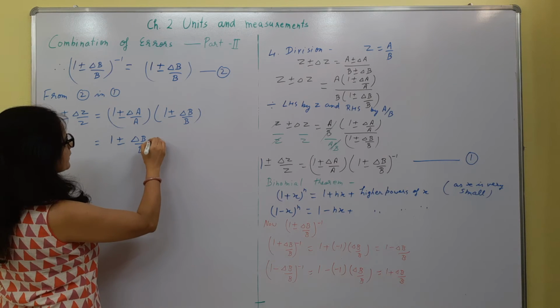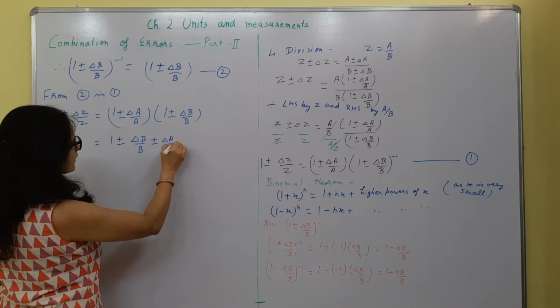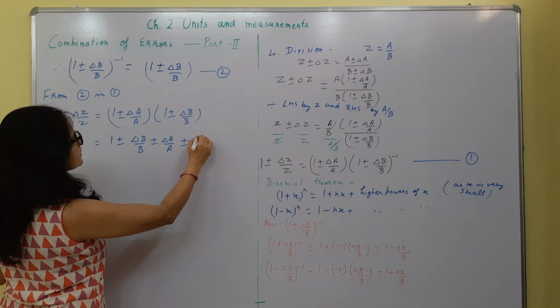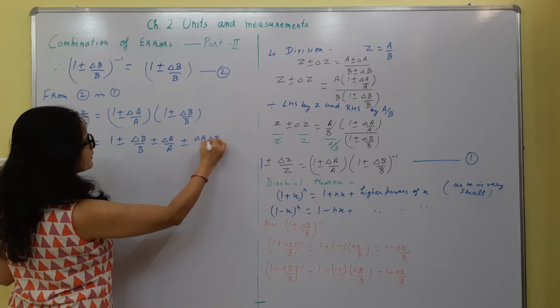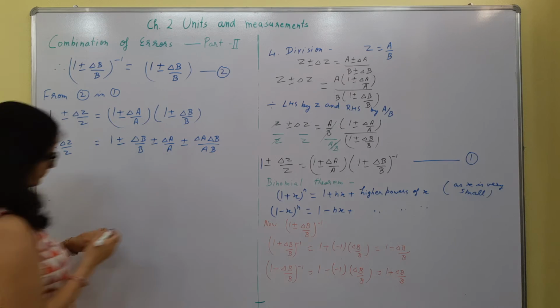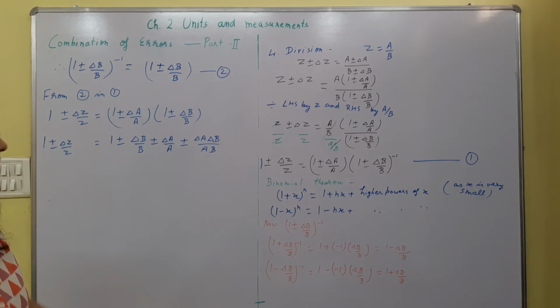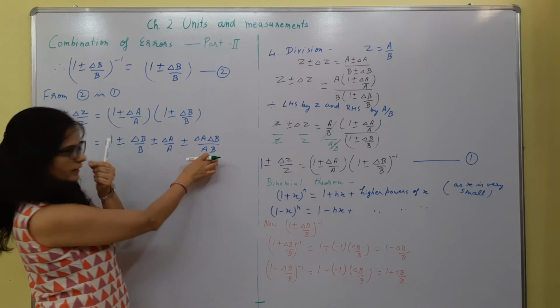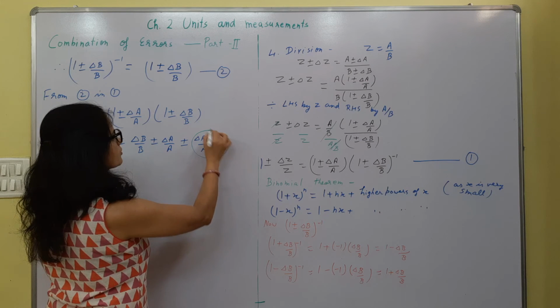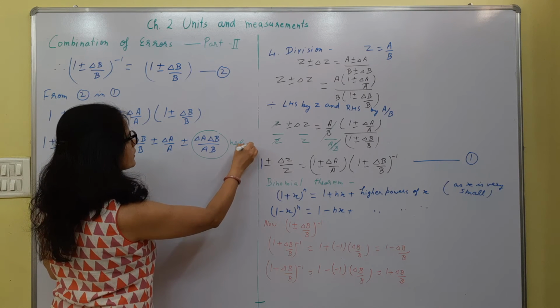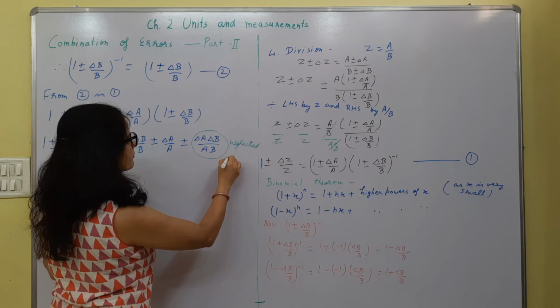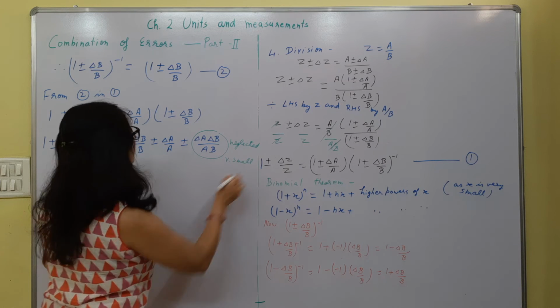Now this will be multiplied here, so ± Δa/a, plus Δa into Δb upon a into b. This will again be neglected because this is very small, divided by the two main quantities. So this will be very, very small.